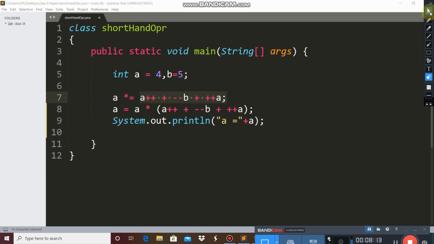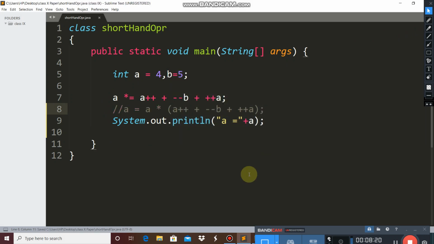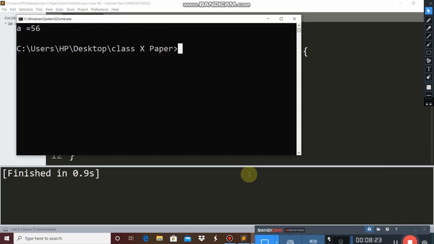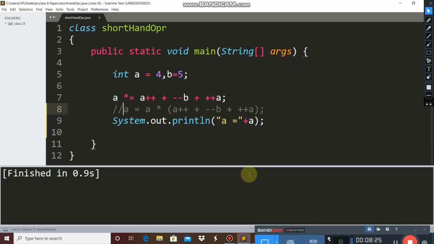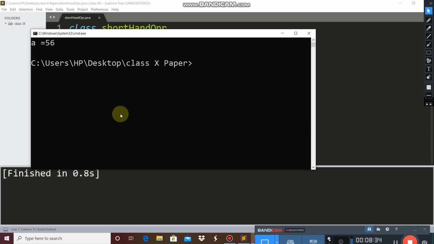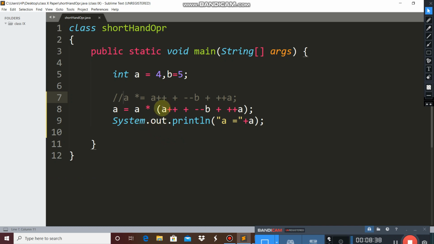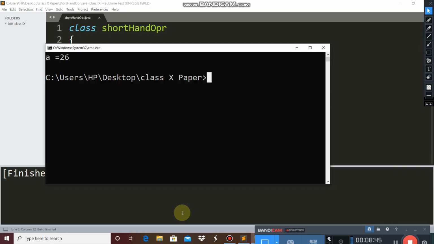Here just put a comment over here. Now you see the answer is 56, and if you remove the comment here and put the comment there, you see the answer is 56 again. But children, if you remove these brackets, the answer will definitely change.